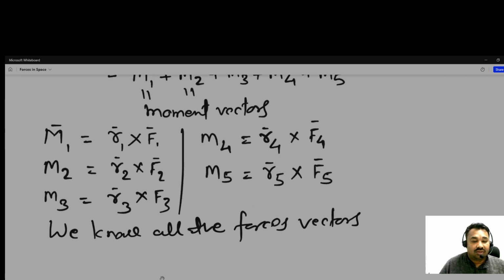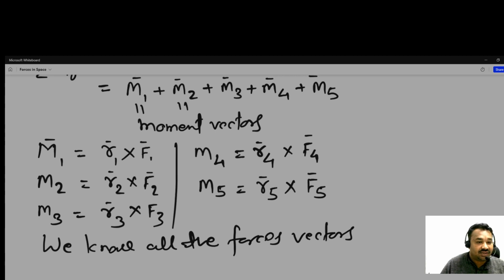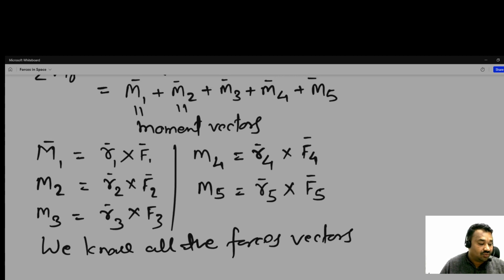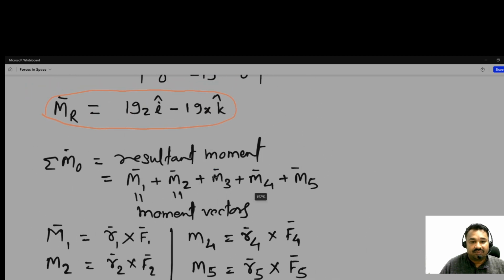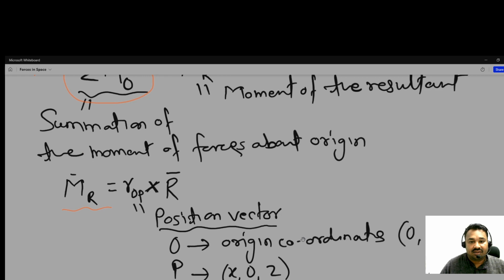So let us find out the position vectors R1, R2. Okay, so we need to take help of the figure.